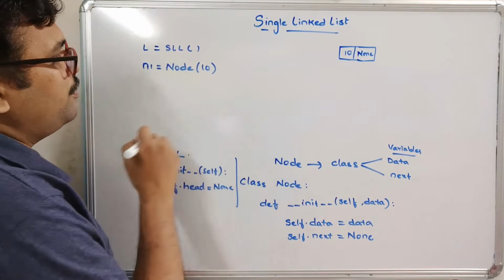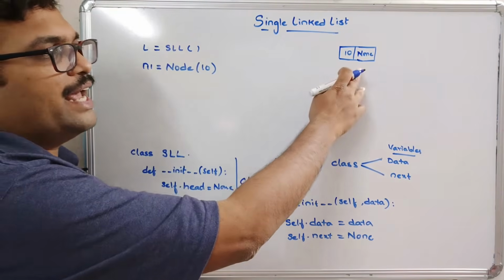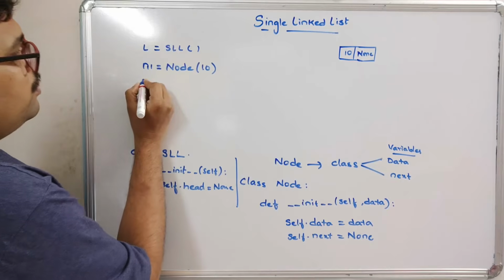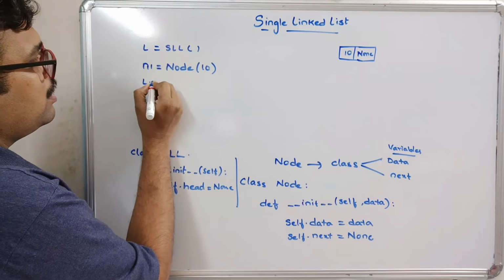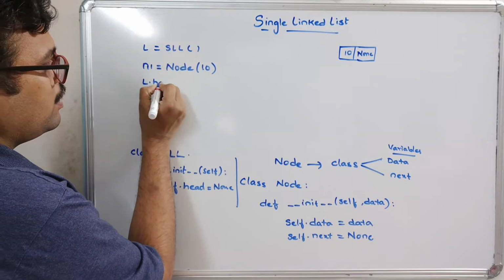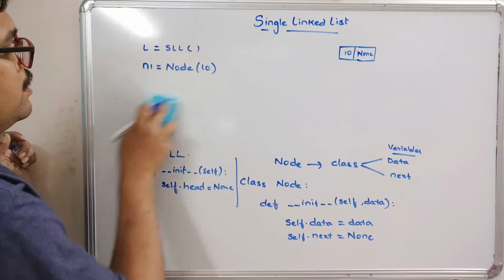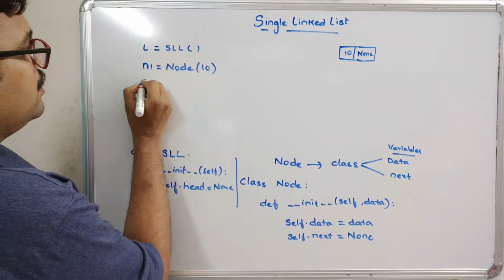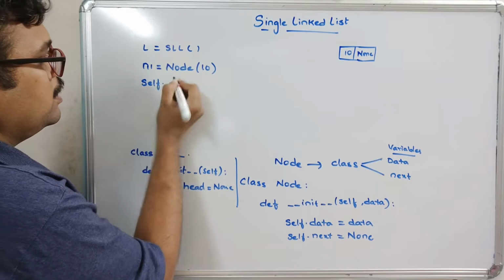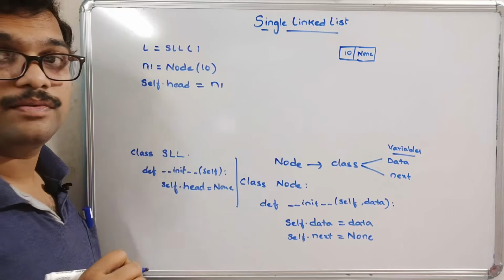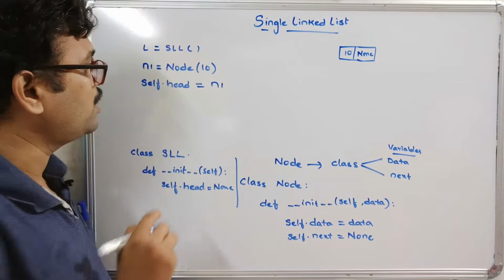Now we need to assign head to this one. So self.head is equal to N1. The self.head will be N1.